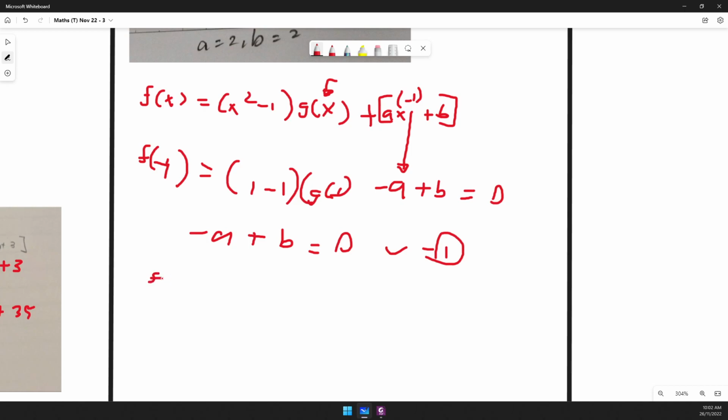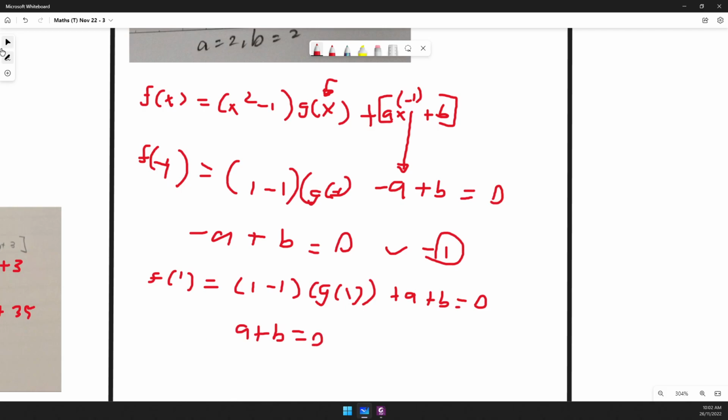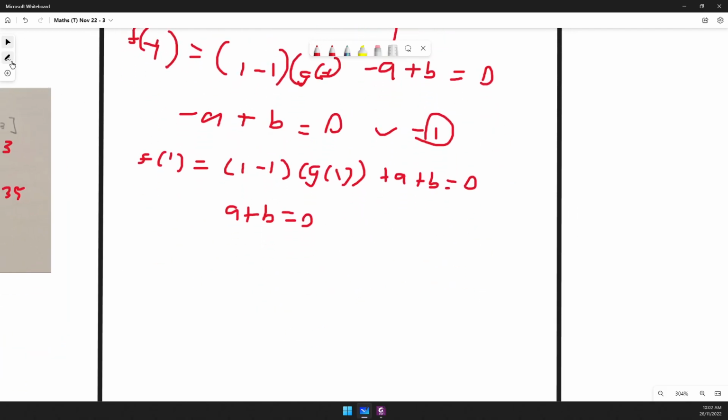Then another equation, f(1), where we define g(1), plus a plus b equals 0. So you have the second equation here, a plus b equals 0. So you have two equations now.